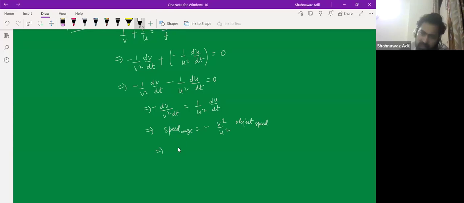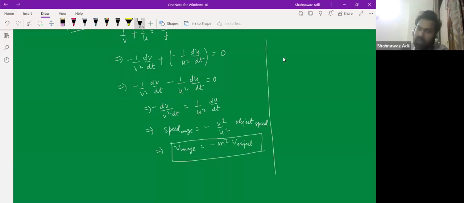How should I write it? Let me write it as v image. This is m square. This is v, and I can also write this because I know this relation: 1 by v minus 1 by u is 1 by f.